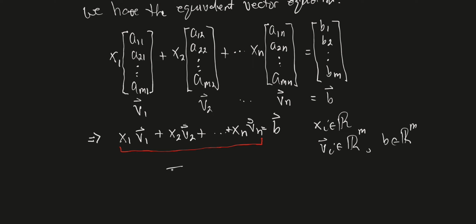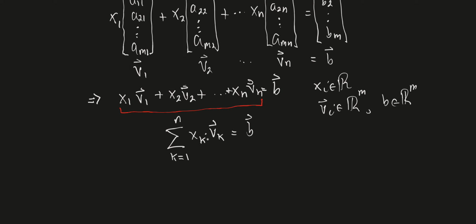The sigma form, with k going from 1 to n, is xk times vk, and that will be equal to b. This expression, which I just expanded in the line above, is what we call a linear combination of a set of vectors v1, v2, dot, dot, dot, vn.